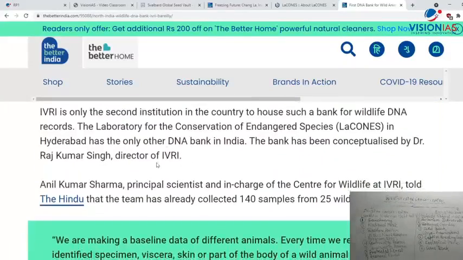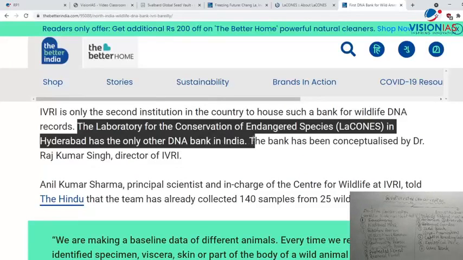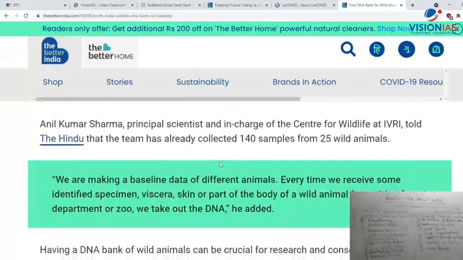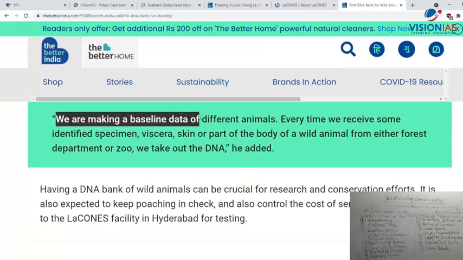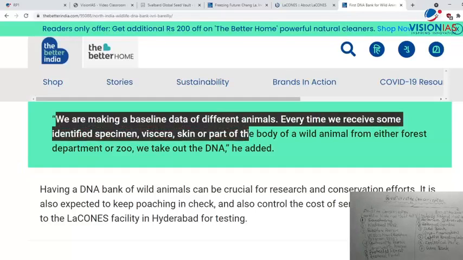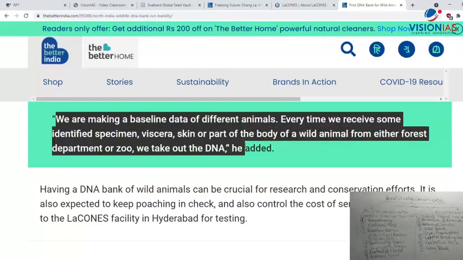So now you can see here, LaCONES is in Hyderabad, and the second one that comes here is IVRI. Now what is said here? The scientists said that we are making baseline data of different animals: specimens, viscera, skin, parts of the body of wild animals from Forest Department and zoos, and taking out the DNA.